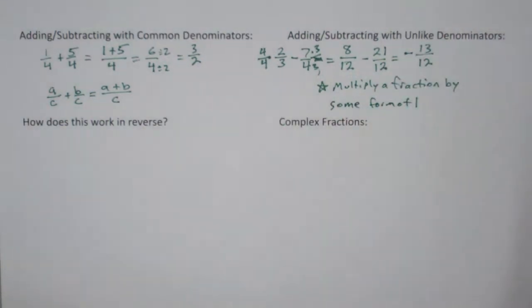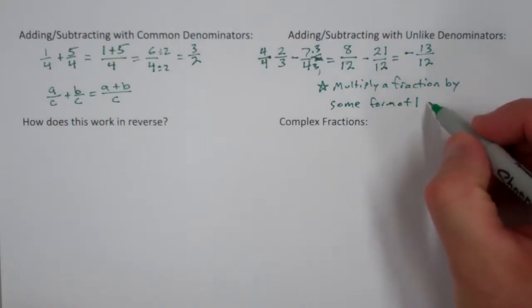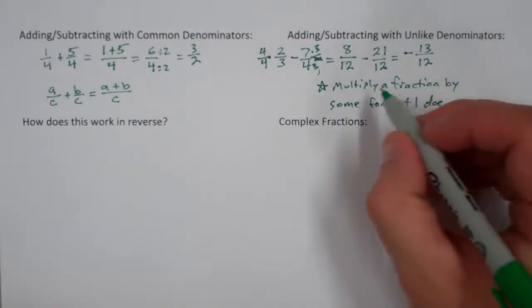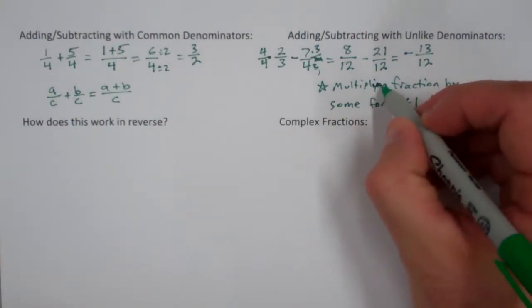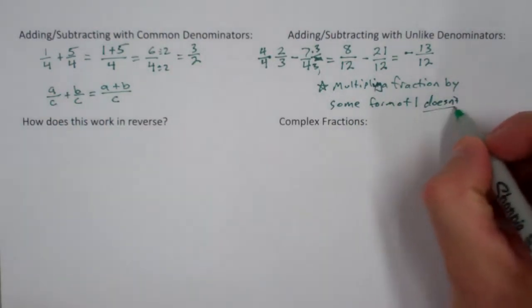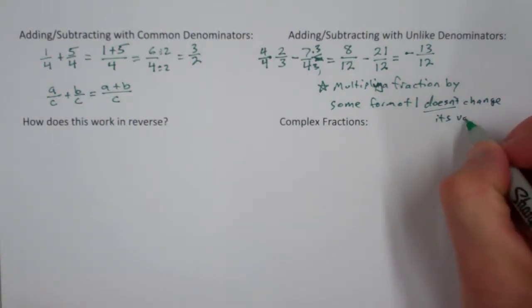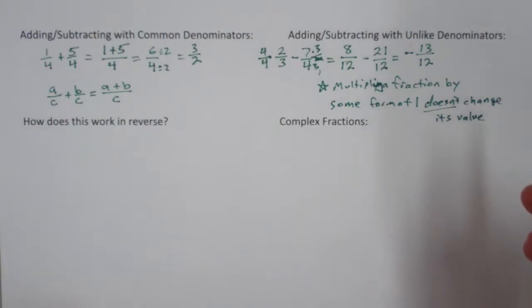That's the big step here with the next few learning targets, but right now we're just doing this with numbers. So multiplying a fraction by some form of 1 doesn't change its value. And that's what we want. We want to keep that value the same.